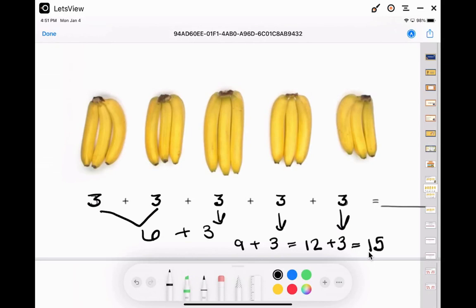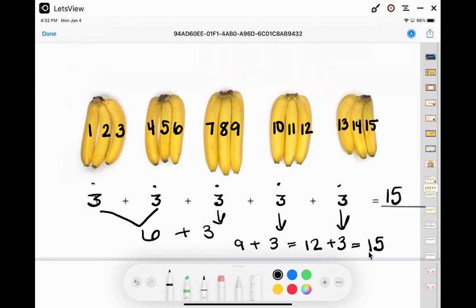If we count straight across, there are 1, 2, 3, 4, 5, 6, 7, 8, 9, 10, 11, 12, 13, 14, 15 bananas. 3 plus 3 plus 3 plus 3 plus 3 equals 15.